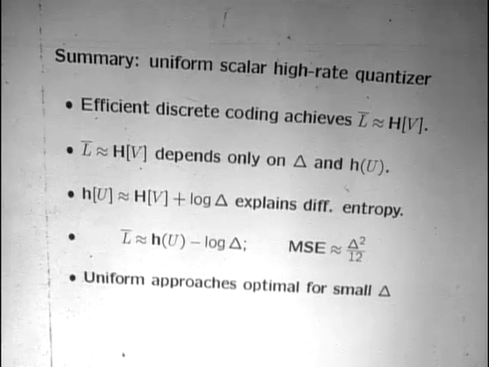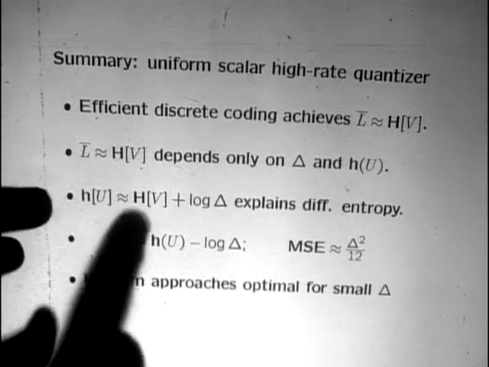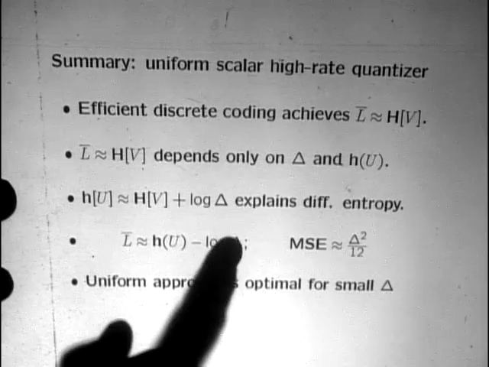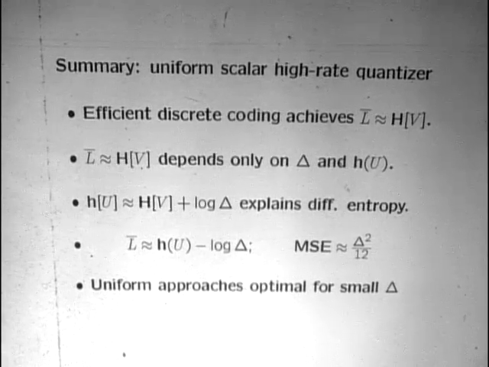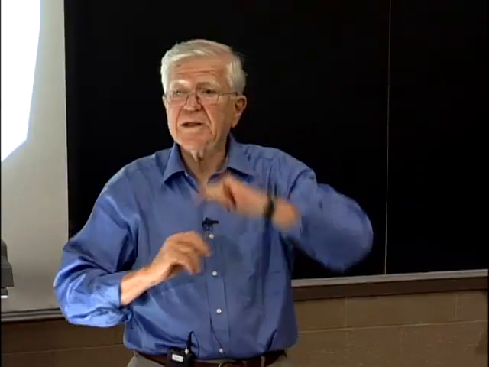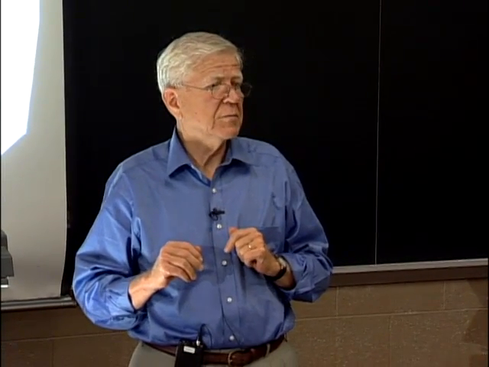And once you calculate it, this tells you what this entropy is for every choice of delta, so long as delta is small. It says that when you get to the point where delta is small and the probability density is essentially constant over a region, if I want to make delta half as big as it was before, then I'm going to wind up with twice as many quantization regions. They're all going to be only half as probable as the ones before. It's going to take me one extra bit to represent that.